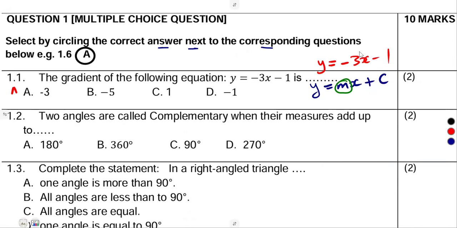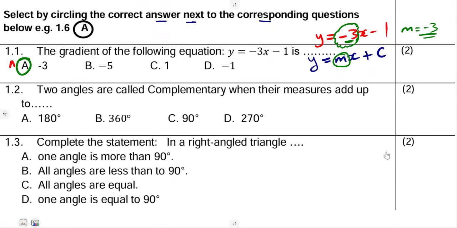So that is the coefficient of x. What is the coefficient of x? That is your gradient. So in this case, our gradient is -3, the coefficient of x. So the best answer where we've got -3 is on A. All right. Moving on to another part.